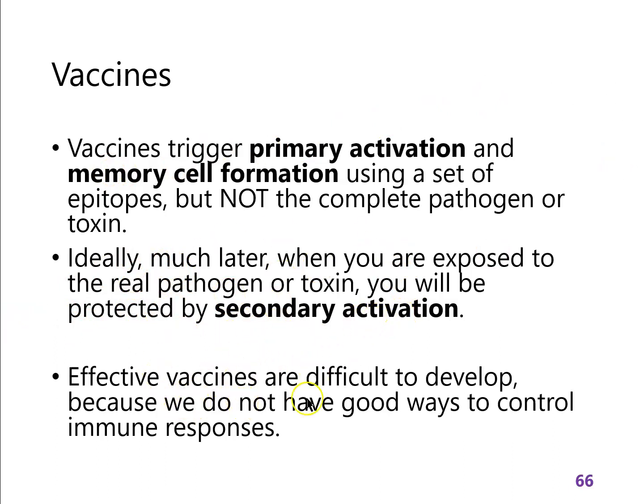Some of the slides at the end of this slide set show you how vaccines are complicated because sometimes they're going to make type 1 helper T cells when we need type 2 helper T cells. That sort of thing is hard for us to control. And so we don't know until we test it whether the vaccine is going to be useful or not.